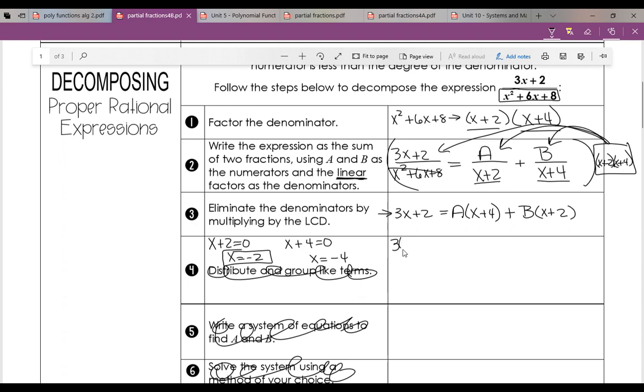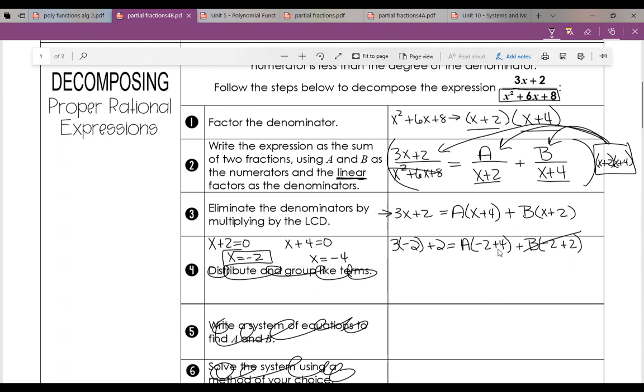So I'm going to take 3 times negative 2 plus 2, set that equal to a times negative 2 plus 4 plus b times negative 2 plus 2. Now, negative 2 plus 2 is 0, correct? So b drops out. That's what I meant by something is going to drop out.